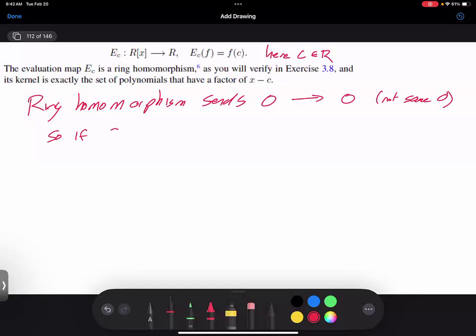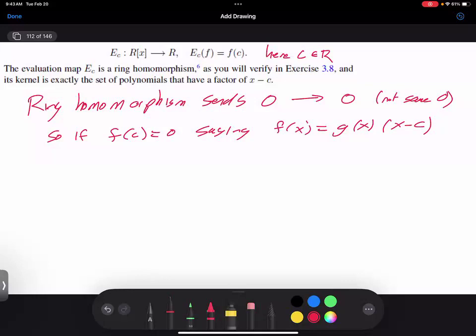So if f of c equals 0, it's saying f of x is g of x times x minus c. The only way a polynomial is 0 is if it is a multiple of x minus c.